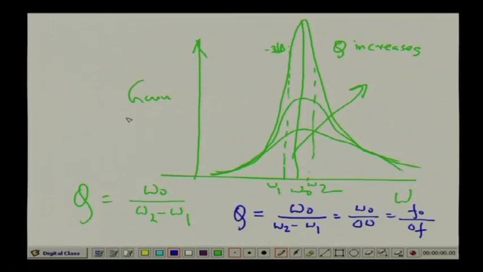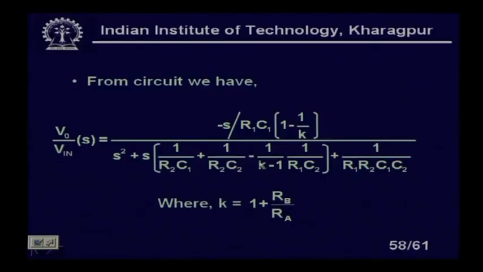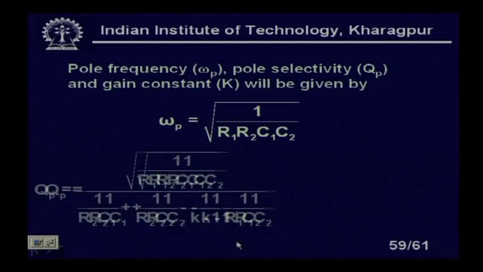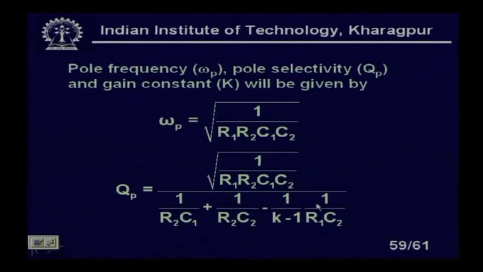That is our requirement, but how will I achieve that in the actual circuits? I can achieve it only if I have a structure like that, right. You see this term, minus 1 upon k minus 1 by R1 C2. Let us look at the expression of Q. You see this is the subtractive term.